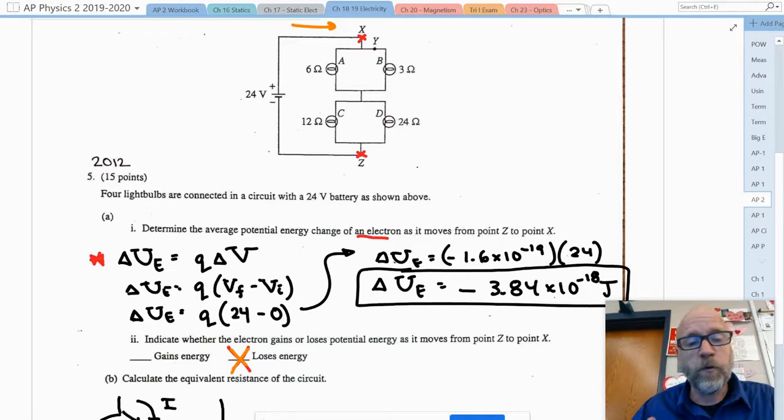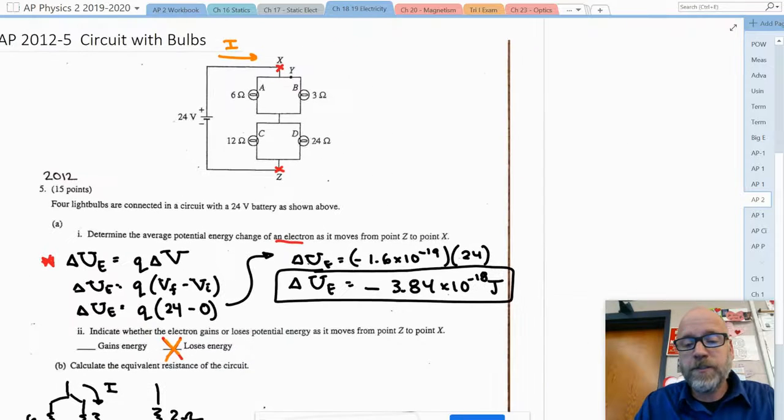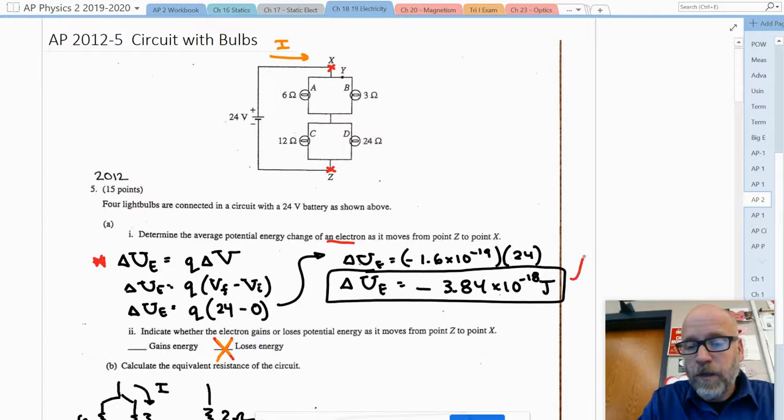So I do the 24 volts as my final voltage minus 0. So the change in voltage will be positive 24, but for the charge, I plug in that negative sign. And I end up with the change in the electrical energy is negative 3.84 times 10 to the negative 18th joules. And that is for one electron.